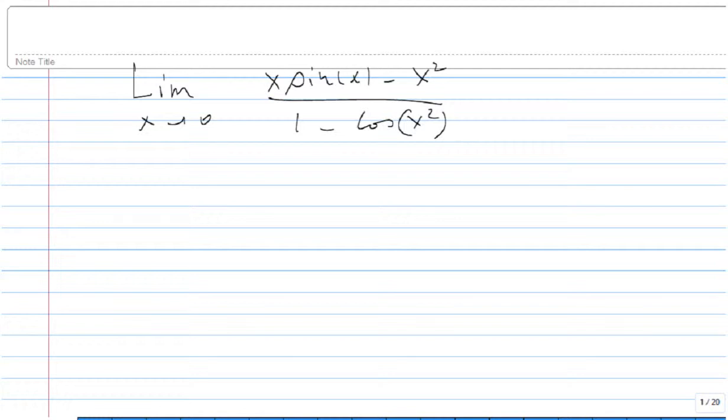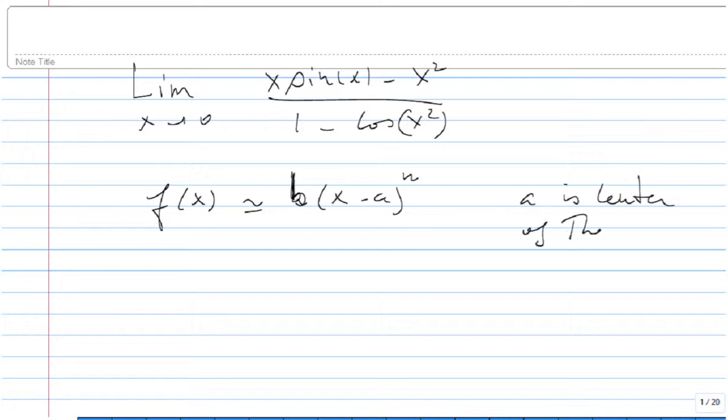So the trick here is to use the fact that for a nice function f of x, we can approximate it by the first non-zero term. So something like b, the coefficient, times (x minus a) to the power n, where a is the center of the Taylor polynomial.